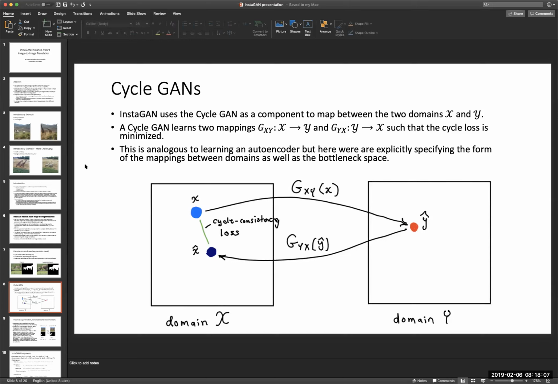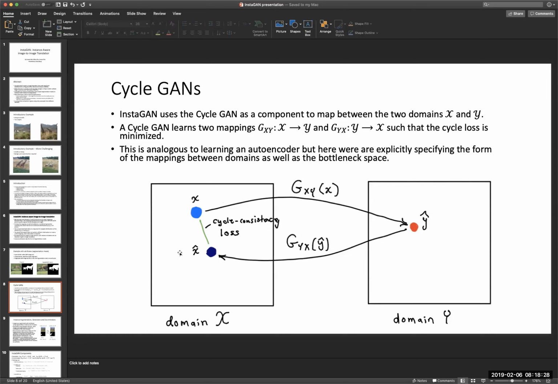In an autoencoder, you go from a high dimensional domain, like an image domain, with lots of dimensionality based on the number of pixels, to a lower dimensional vector space, and then back up again to the image space.